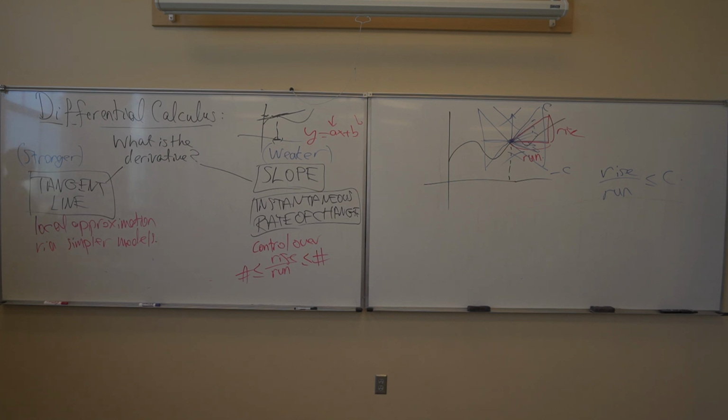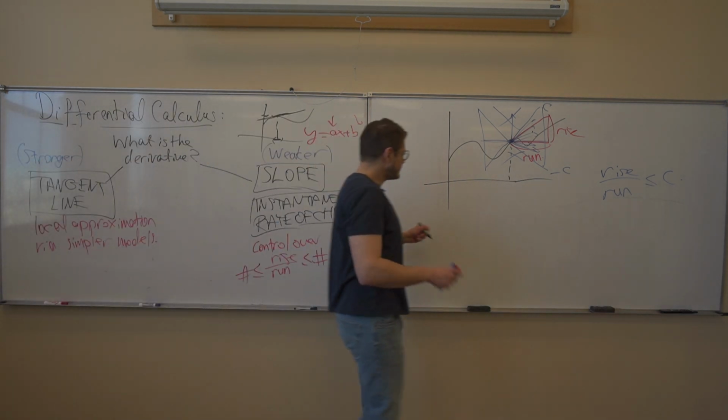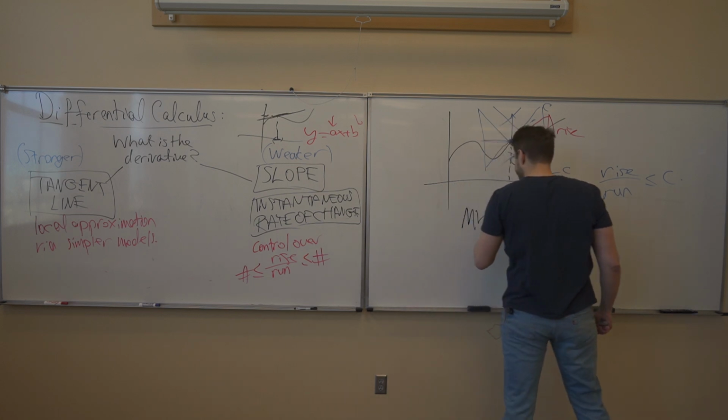Now, how many of you have heard of this theorem called the mean value theorem? Okay, what does it say? The slope must take the mean value at some point. Right, so it basically says this, which we're going to prove.